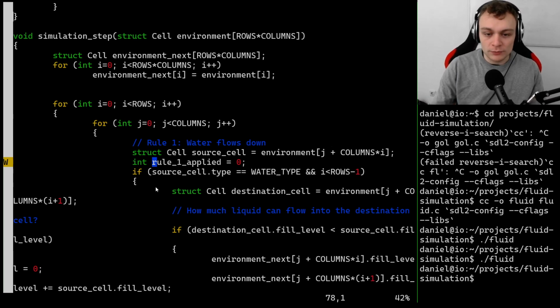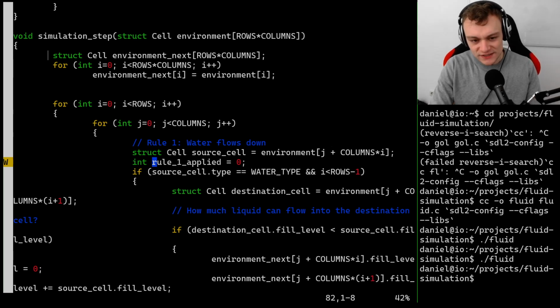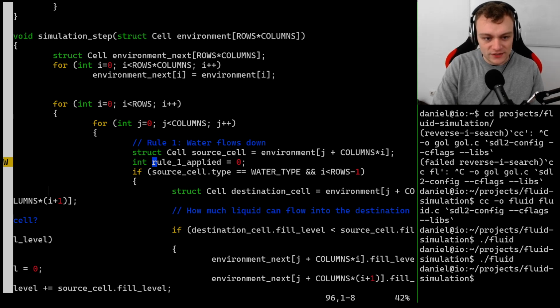This probably solves some dependency issues between the different rules and between the cells, because if we apply all the rules to one cell, maybe we introduce some error. It just does not really feel right. So I think we should separate out the simulation into phases.